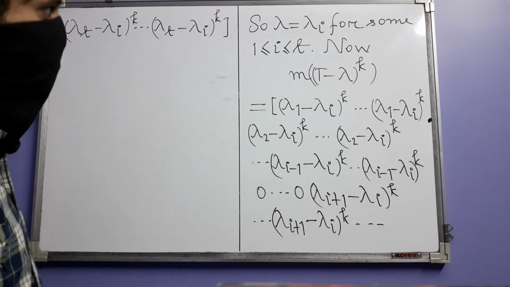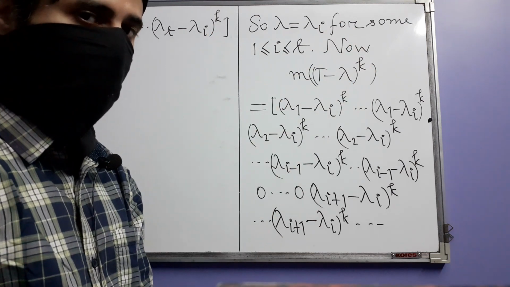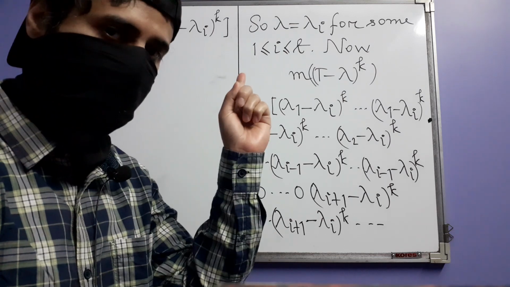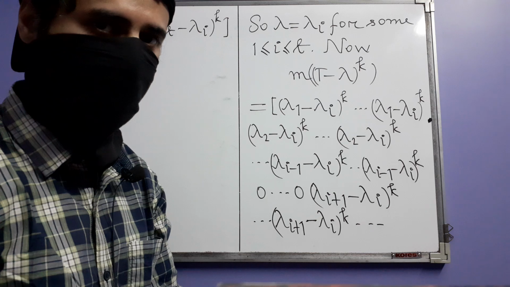Okay, so that's the matrix of T minus lambda to the power k, and matrix in what basis? In that basis of V, where the vectors are V1, V2 up to Vn.